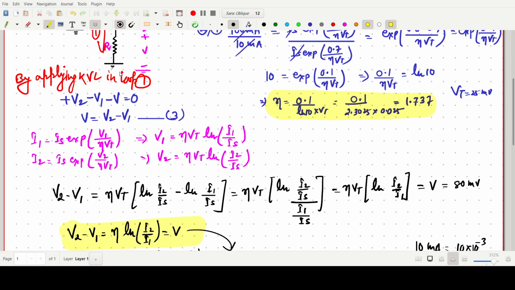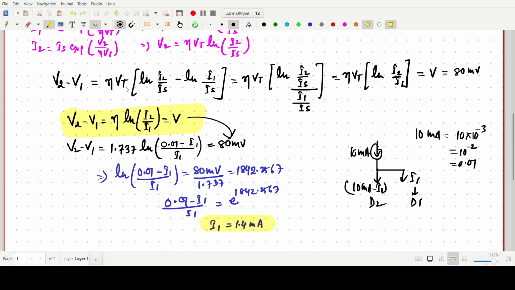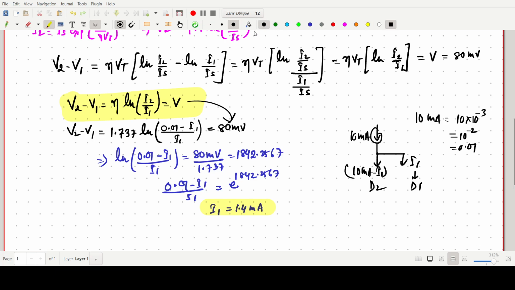The resistance is also to be found. So in our circuit, that R we have to find, and the current is now known to us, 1.4 milliampere. Okay, clear? And this voltage is 80 millivolt.